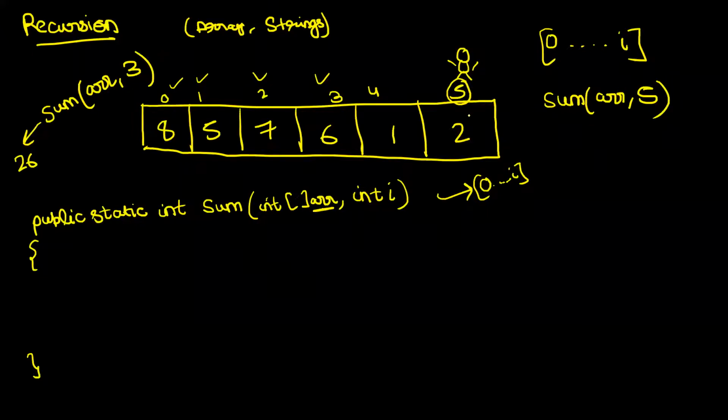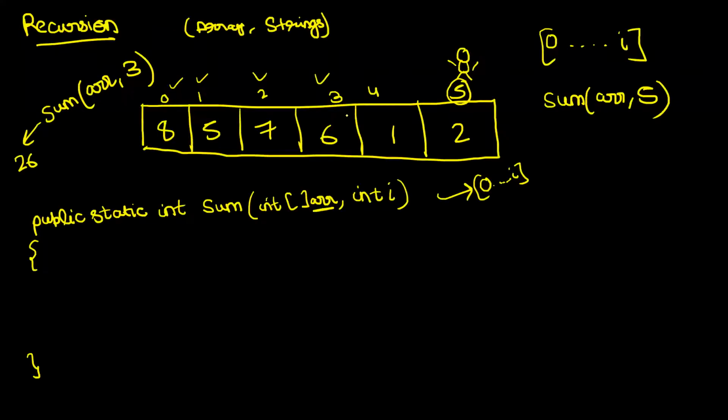So if the length of the array is n, the problem that I want to solve is sum ARR comma n minus 1. That is, find the sum of all the array elements from index 0 till index n minus 1. And this will give me the answer that I want. So this is how I will be calling this function.